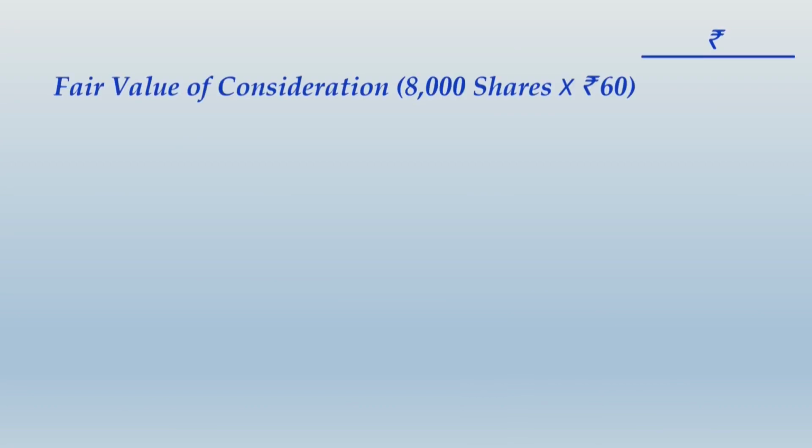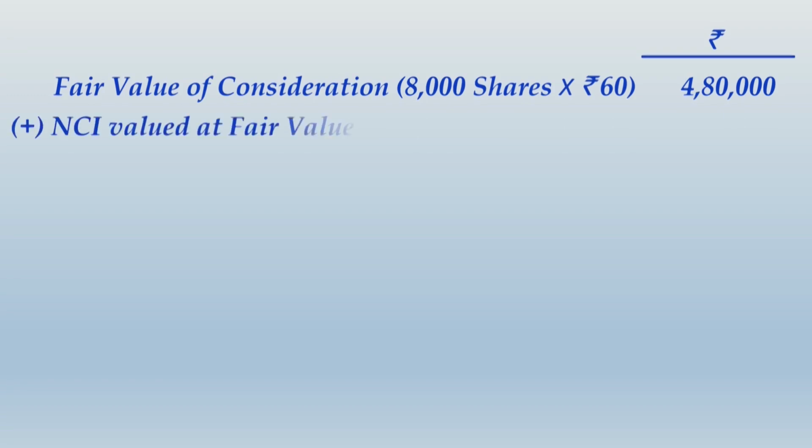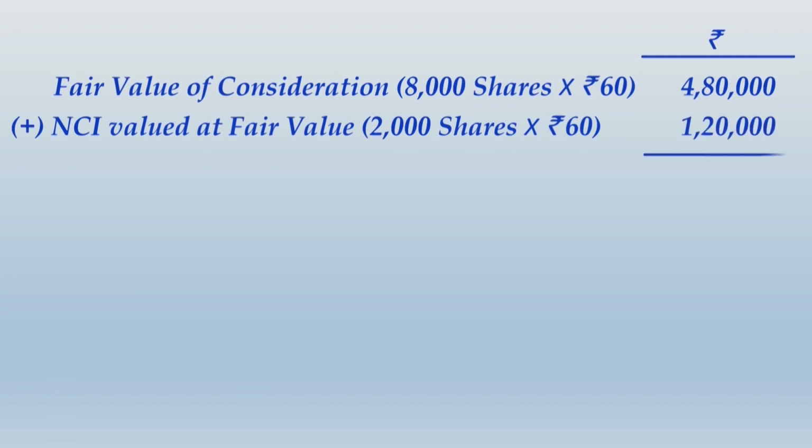You would first start with the fair value of the consideration that you have paid, that will be 8,000 shares multiplied by rupees 60, and that will be 4,80,000. To this you will add the fair value of non-controlling interest, that is NCI valued at fair value. So it is 2,000 shares multiplied by the same price per share, rupees 60, and that will give you 1,20,000. This aggregate comes to rupees 6 lakhs.